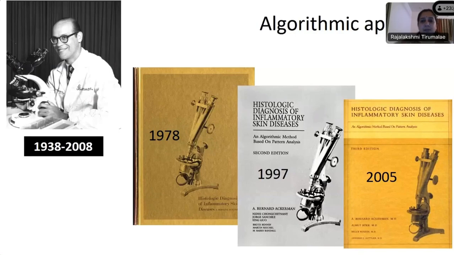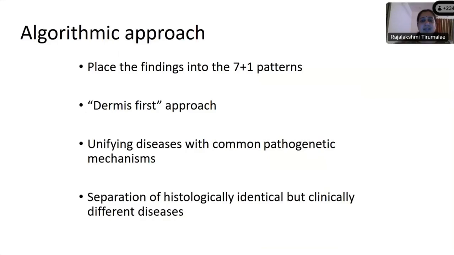And in this approach, in fact, Dr. Ackerman refined this approach. So the last book that he wrote shortly before his death was in 2005. So according to this, there are 7+1 patterns, right? So 7 patterns which belong to the skin and 1 pattern which belongs to the subcutis.